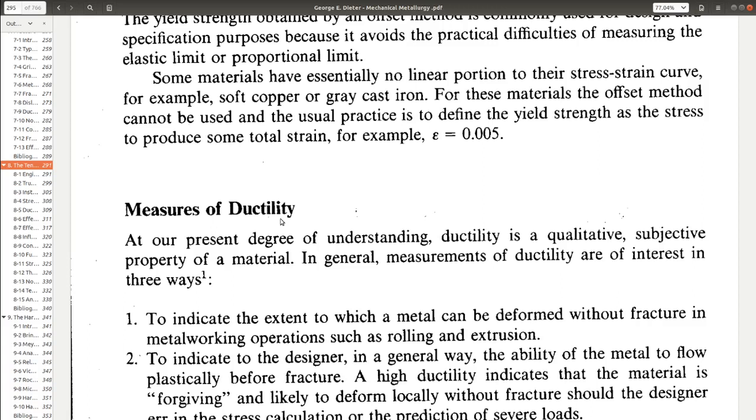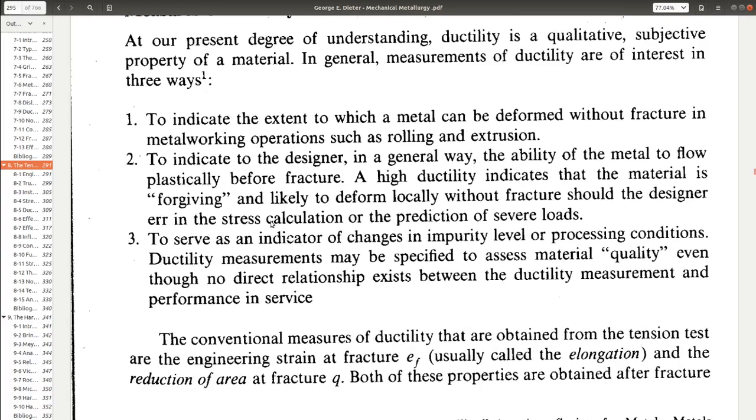For example, in the punching process or some metal forming process, the material goes through a large deformation, and whether it can withstand that depends on the ductility. If the material's ductility is more, then we can use it for forming process, otherwise we cannot. How to measure this ductility?